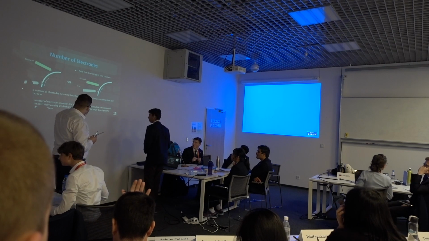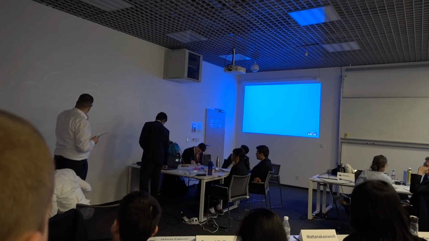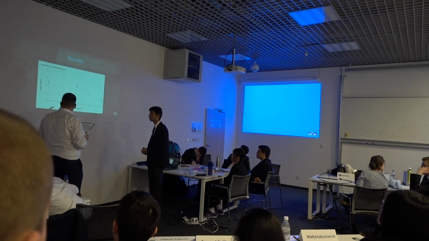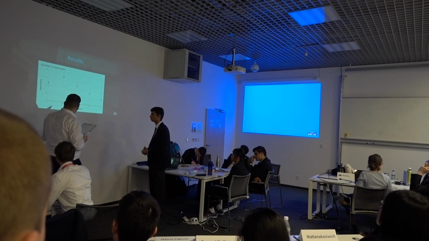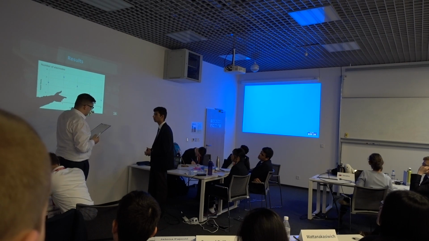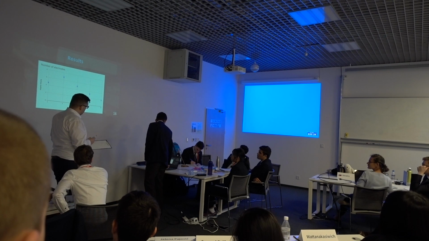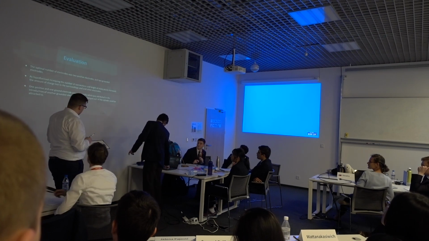Number of electrodes, could you show the graph, please? Okay, so you stated that you expected a decrease with number of electrodes. So what's this with? Yes, that was an anomaly that I explained in my presentation on the next slide.